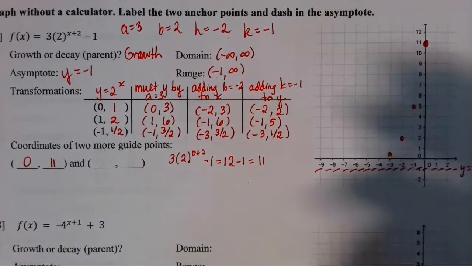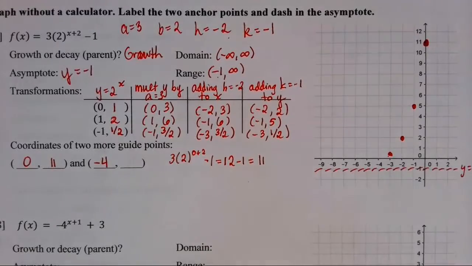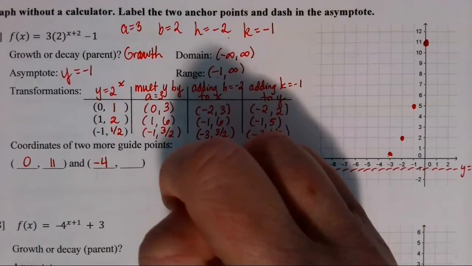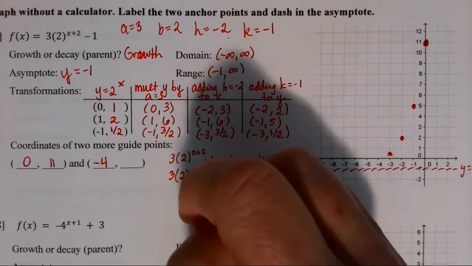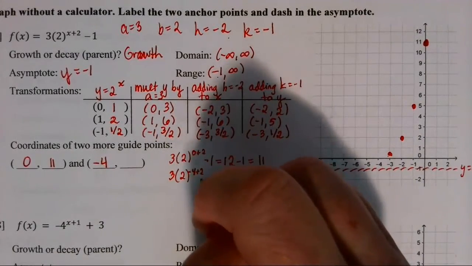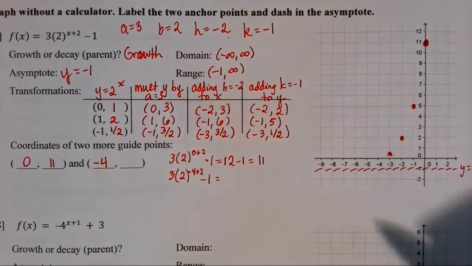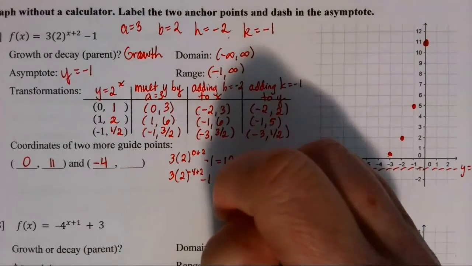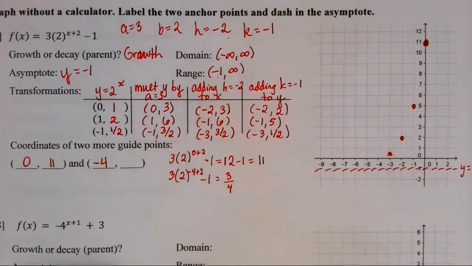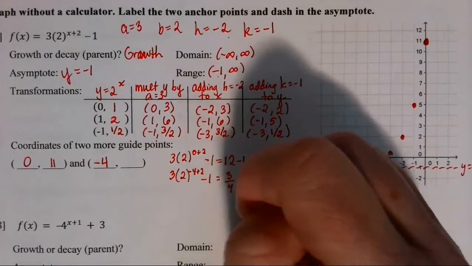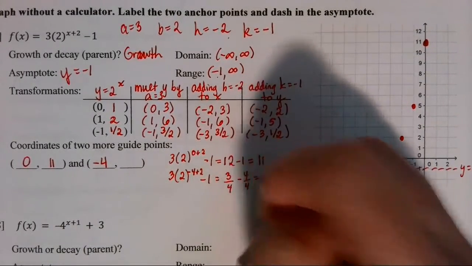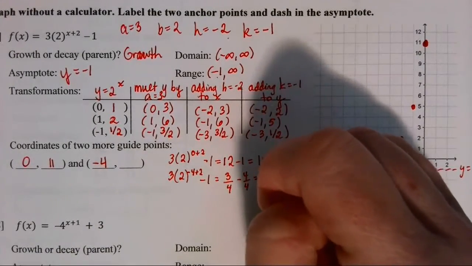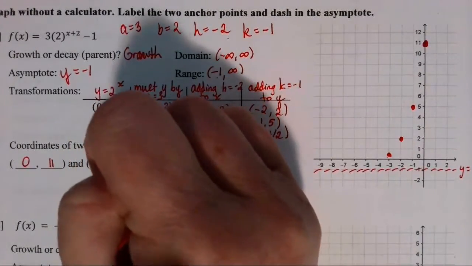So coming the other direction, let's try -4 for the x, since I already know -3. So that would be 3 times 2 raised to the -4 plus 2 power minus 1. So 2 to the -2 is 1/4. And times 3 would be 3/4 minus 1, which is 4/4, and 3/4 minus 4/4 is -1/4.